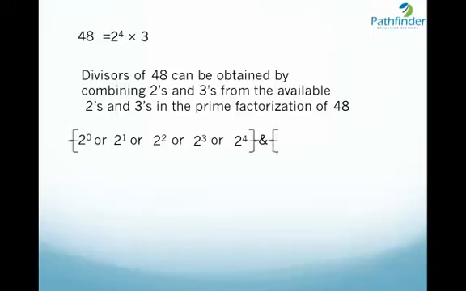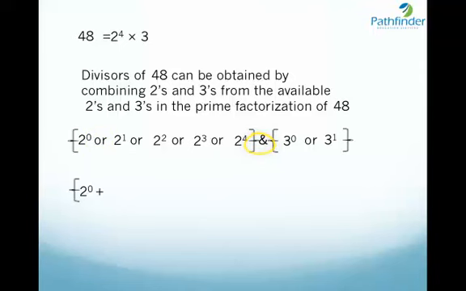Similarly, for the prime factor 3, we can select it in 2 ways. Either we select 0 3's, which is represented by 3 to the power 0, or we have one 3 selected, which is represented by 3 to the power 1. So we can select the 3's in 2 ways. We know that in mathematics, every OR is replaced by a plus sign and every AND is replaced by a multiplication sign.